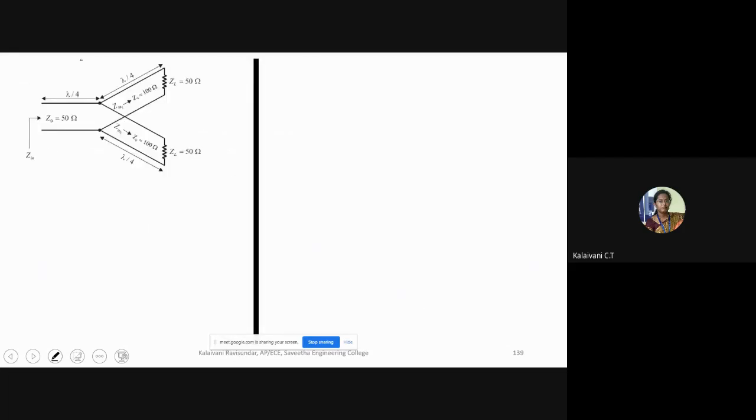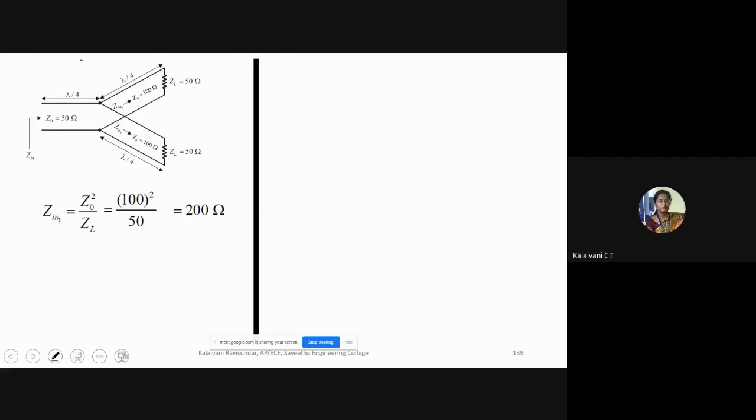I redrew the diagram. So first Zin, it's a quarter wave line, so the formula is Z0 square divided by ZL. Z0 given in our question is 100 ohms. So 100 square divided by ZL, which is the same for both the parallel wires, given as 50. So 100 square divided by 50 is equal to 200.